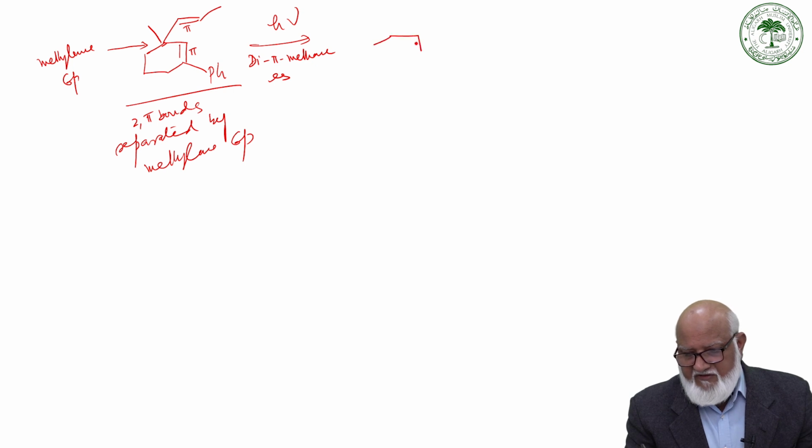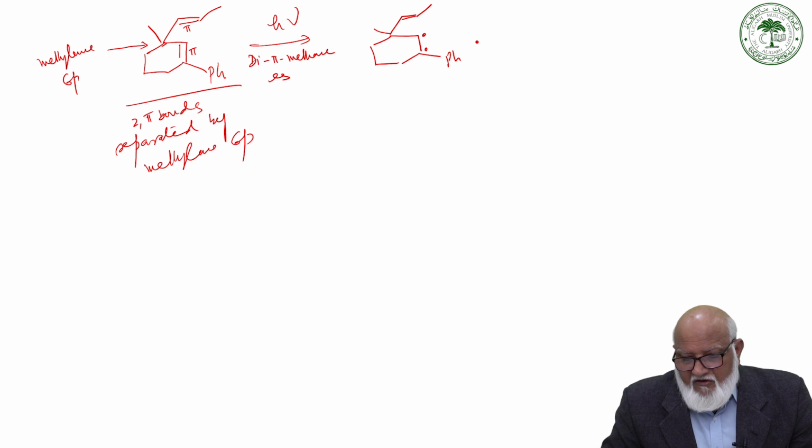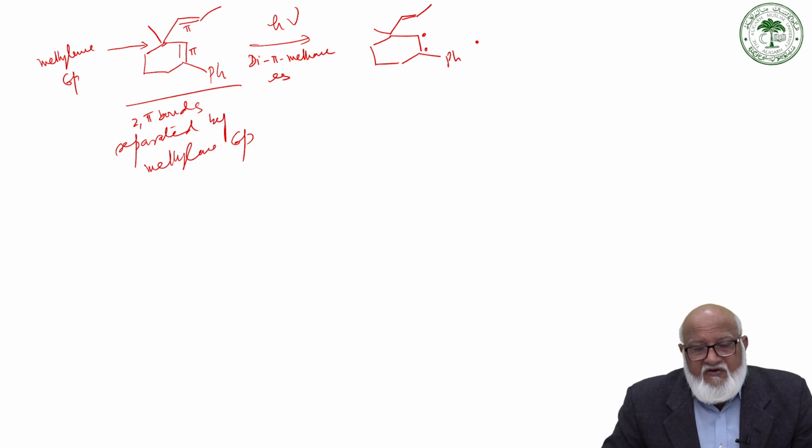So let us see the stepwise mechanism. We'll write the different steps involved, first excitation. We have already said that it is very difficult to say which double bond is excited, but we can assume that this double bond is excited, generating a diradical here.